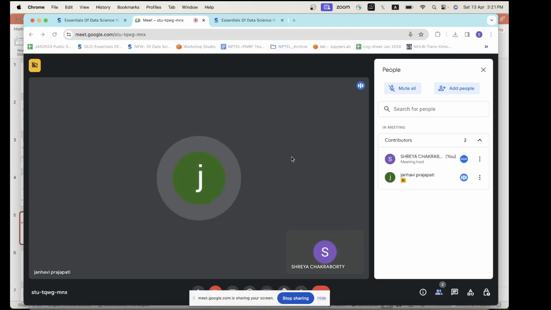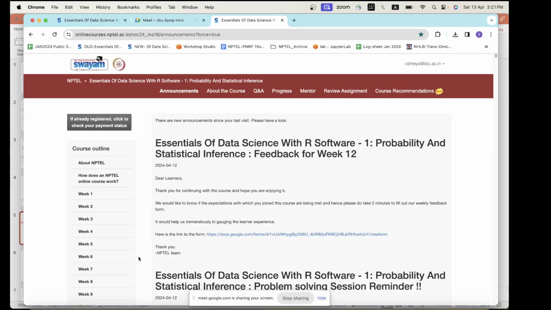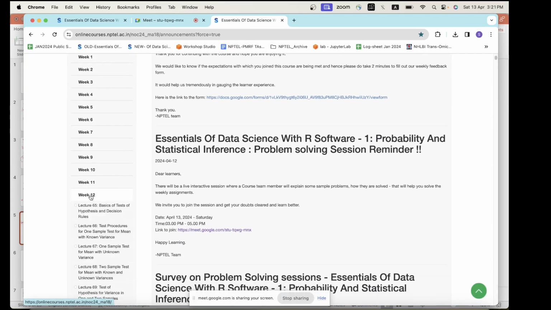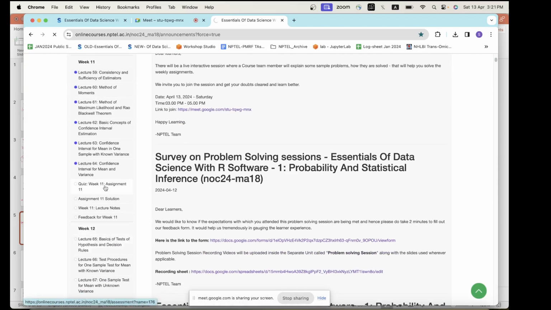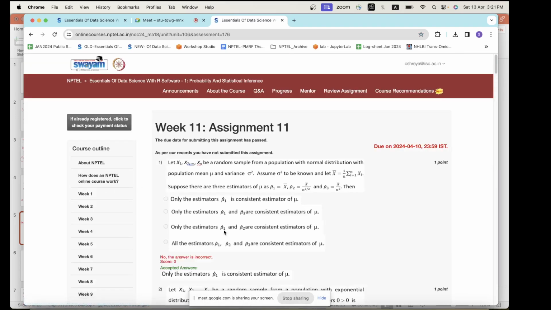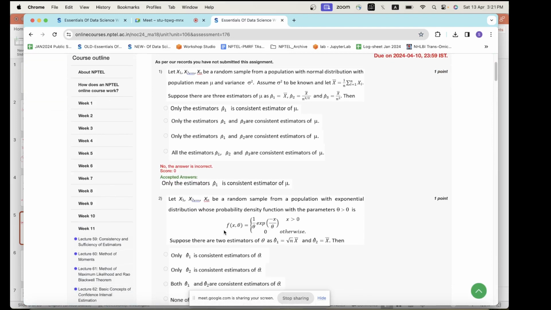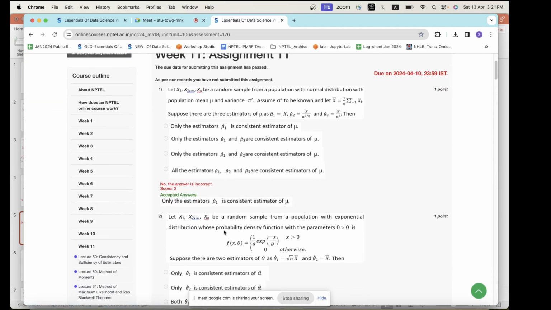Ma'am, I solved that question and all the estimators are consistent in this question, but as per the solution given to us, I think option A, only estimator mu1 is consistent. Is this solution correct? Yeah, the solution is correct.